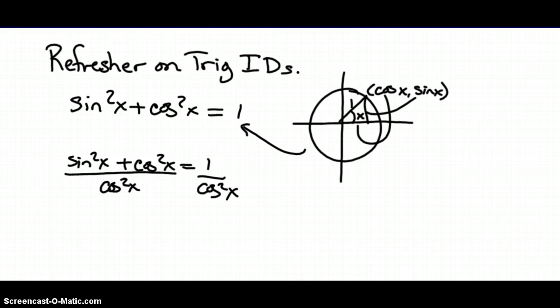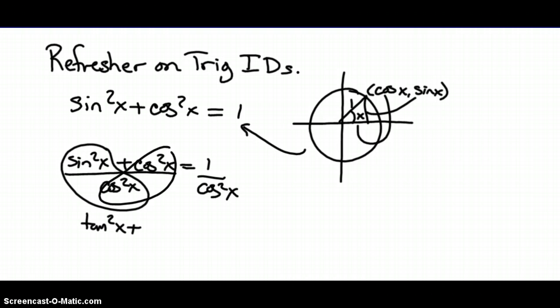So from this we would say I have tangent squared, and here I have 1, and the last term here is secant squared.